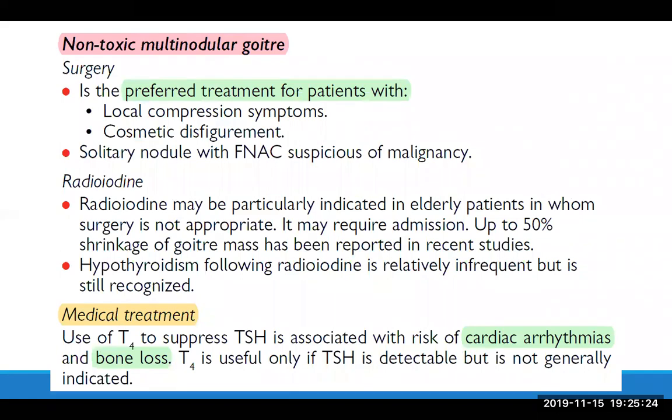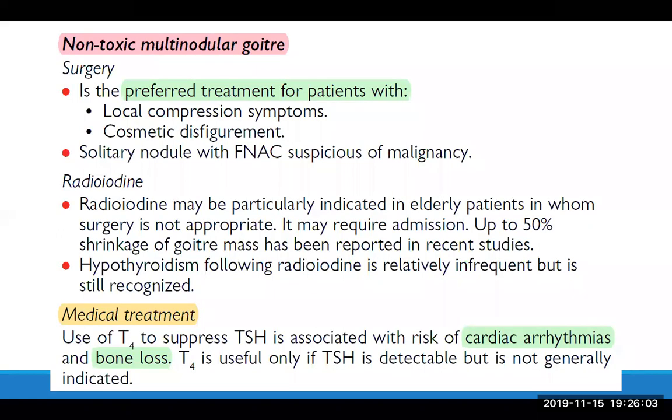Radioiodine ablation is not usually effective in non-toxic multinodular goiter, but it can reduce nodular size by about 50%, though this needs a long period. This is not usually done in most cases, but in some cases we can use radioactive iodine in non-toxic multinodular goiter to reduce its size.